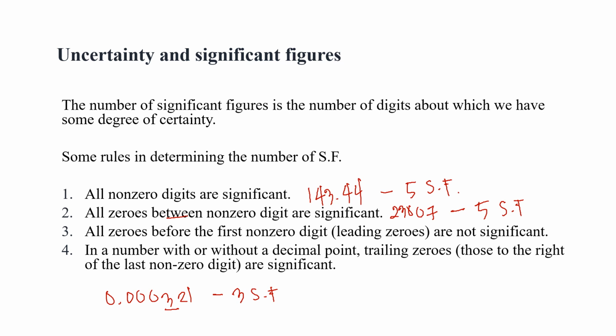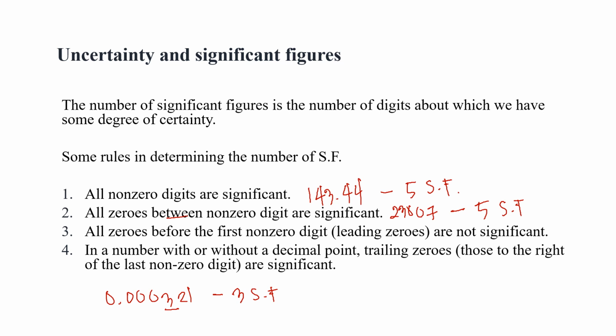Our fourth rule is: in a number with or without a decimal point, trailing zeros, those to the right of the last non-zero digit, are significant.